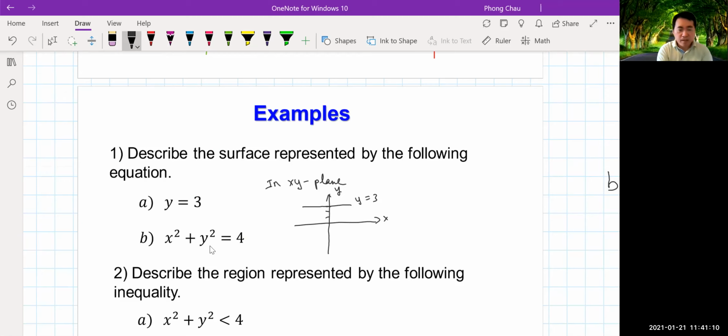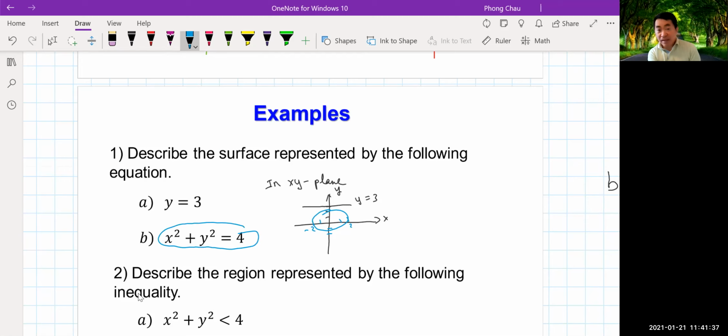And for B, x squared plus y squared equals 4, we know that too. It is a circle centered at the origin with radius 2. So this is our circle. Radius 2, to -2. So that is the graph of these equations.